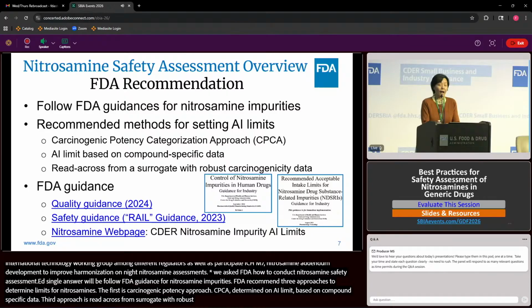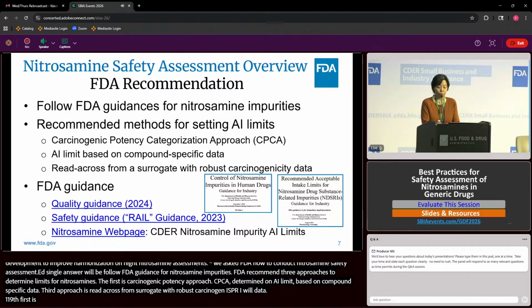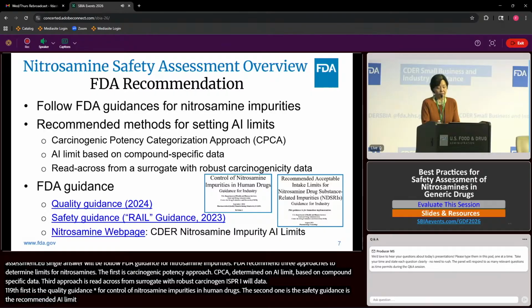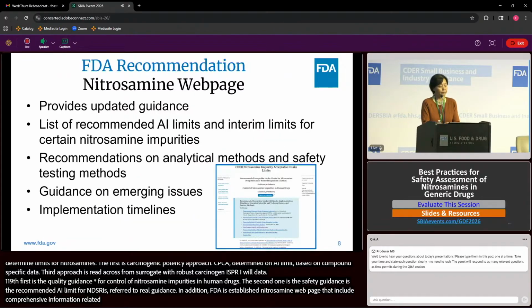FDA provides two important nitrosamine-related guidances. First is the quality guidance for control of nitrosamine impurities in human drugs. The second is the safety guidance, the recommended AI limits for NDSRIs, which we also refer to as the NDSRI guidance. In addition, FDA established a nitrosamine webpage that includes comprehensive information related to nitrosamines.